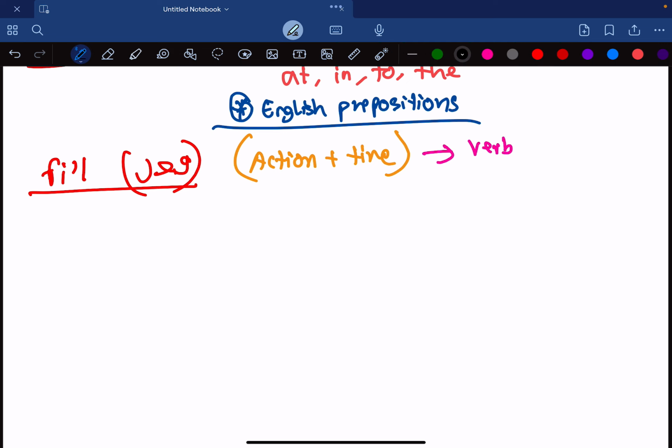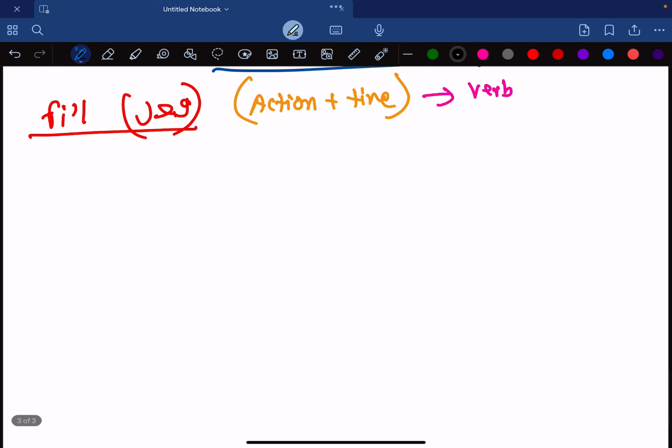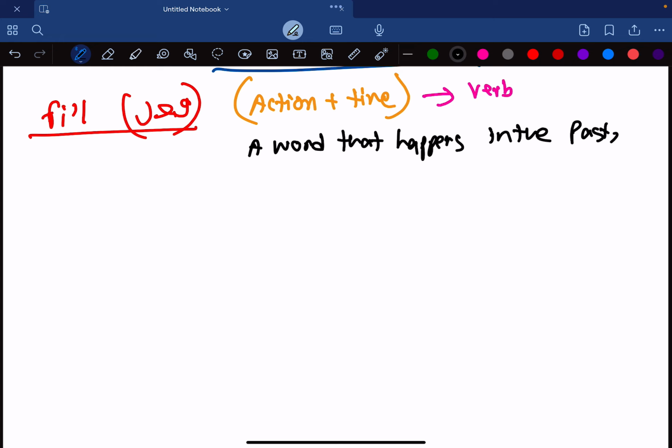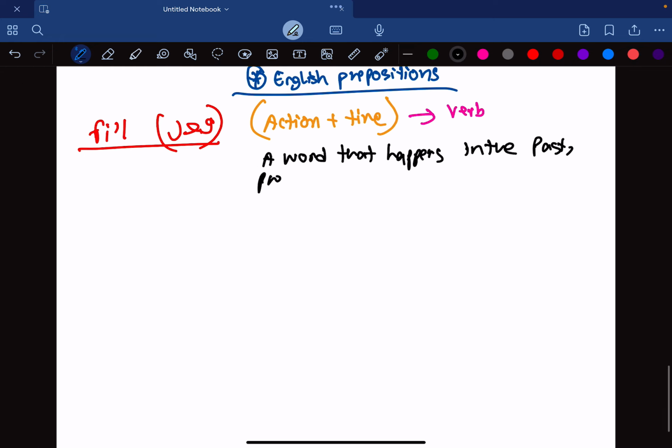It goes deeper and it's more than just a verb, but it's kind of like a verb. So you can say a word that happens in the past, present, or future. A word that is stuck in time.